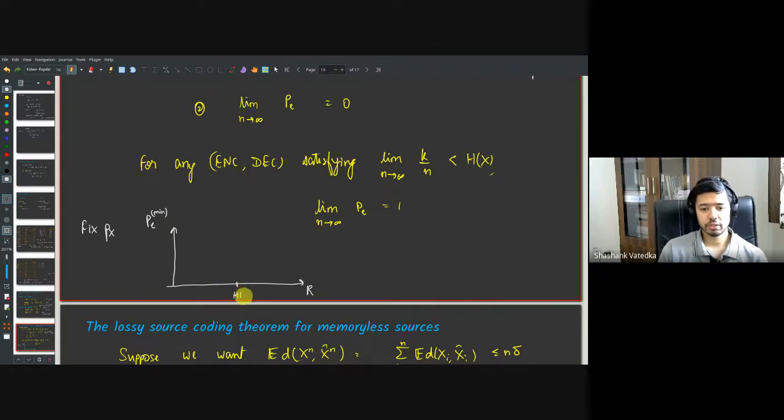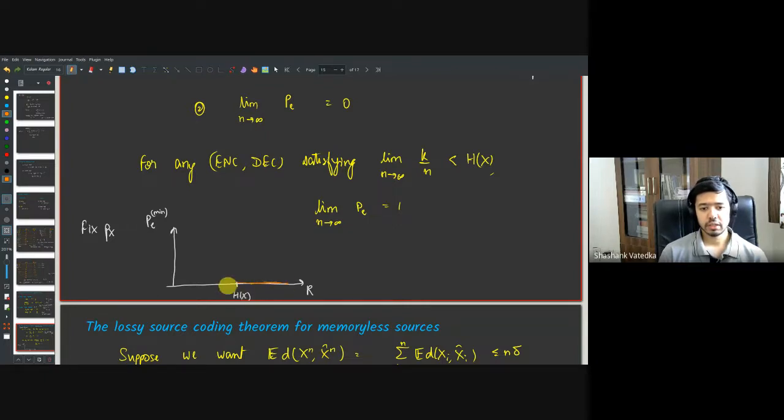What the source coding theorem says is that if you're operating at a rate above the entropy of the source, then the probability of error is really tiny. So it's very close to 0 for large n.